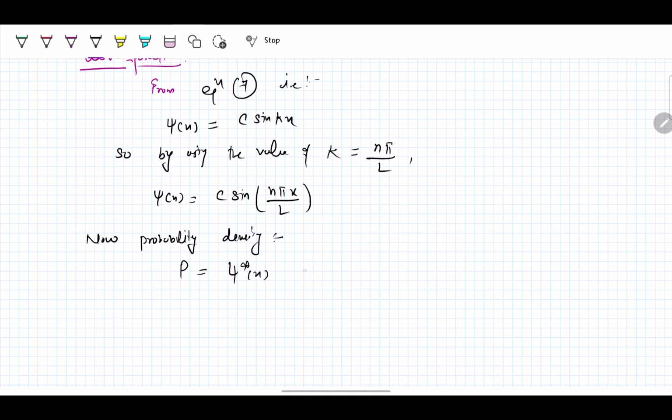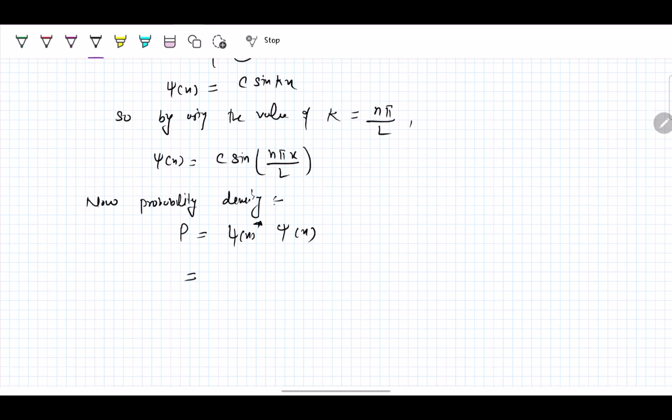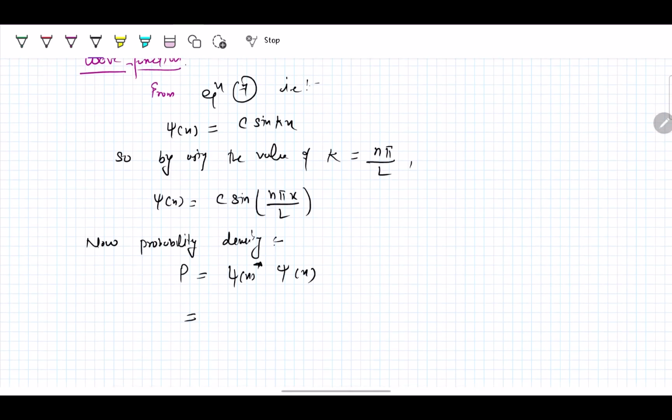Psi has movement only along the x axis, so this is psi star x times psi x, and we know the value of psi x is equal to c sine n pi x over L, and also c sine of n pi x over L. It means we are taking the product of complex conjugate pairs, right?